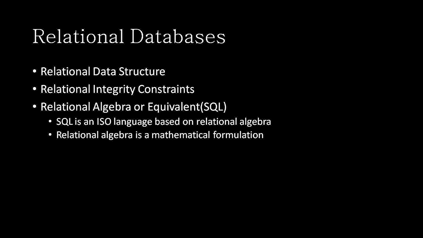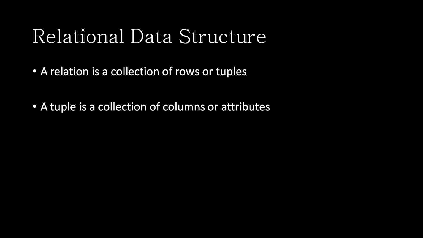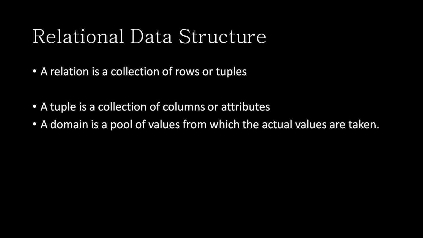Then we move on to relational data structures. A relational data structure is a collection of tables or relations. A relation is a collection of rows or tuples, and a tuple is a collection of columns or attributes. And lastly, a domain is a pool of values from which the actual attribute values are taken.